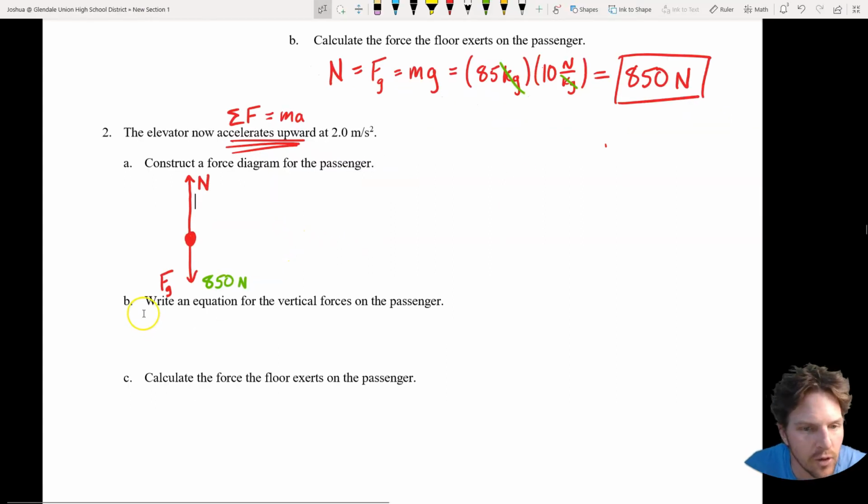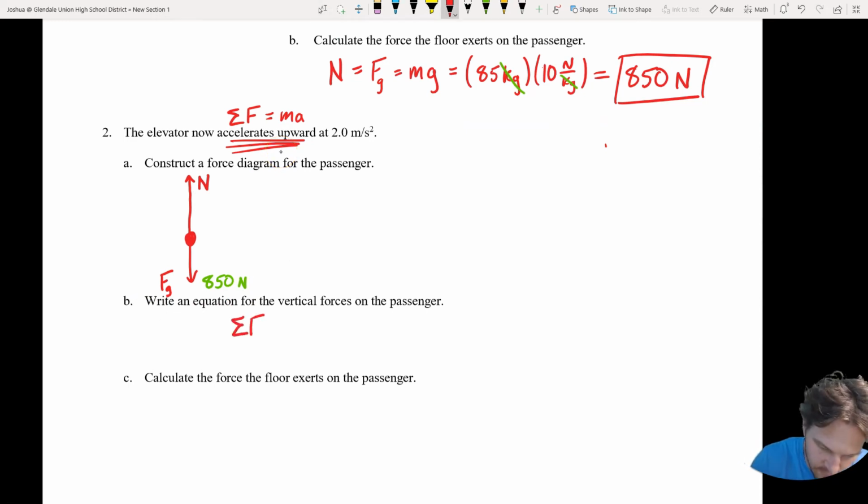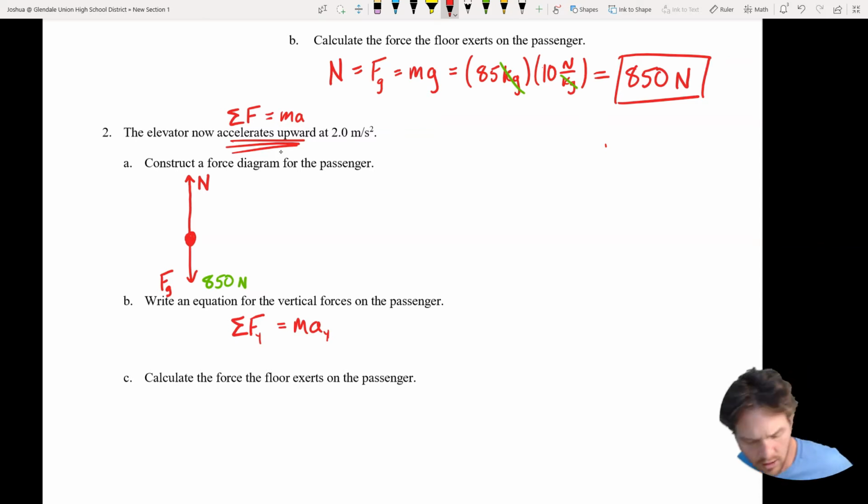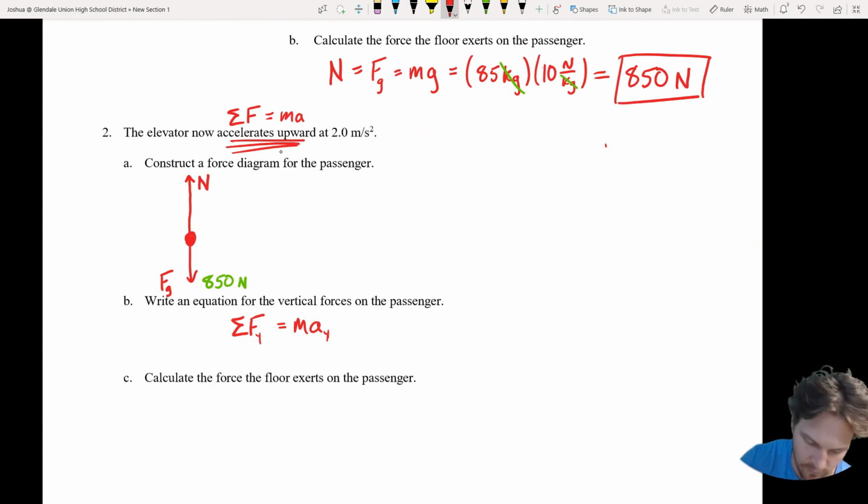So now part B, write an equation for the vertical forces. So we start with Newton's second law, net force in the y direction, because it's vertical forces, equals mass times acceleration in the y direction. And now we can plug in the stuff. So I like plugging in all the variables and everything first. Anything going up, we normally say is the positive direction.